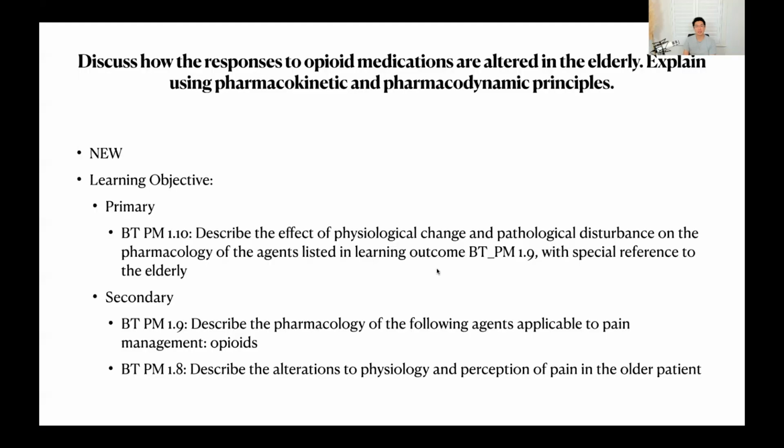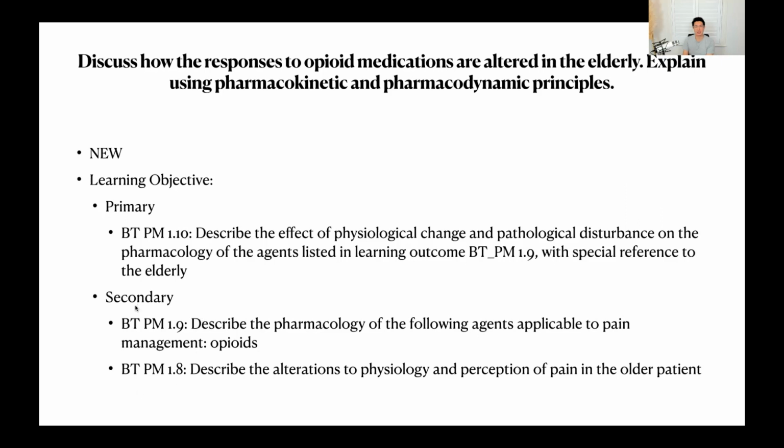So this would be the learning objective, BTPM 1.10, which is describe the effect of physiological change and pathological disturbance on the pharmacology of the agents listed in learning outcome BTPM 1.9. That basically describes all the analgesic agents with special reference to the elderly.